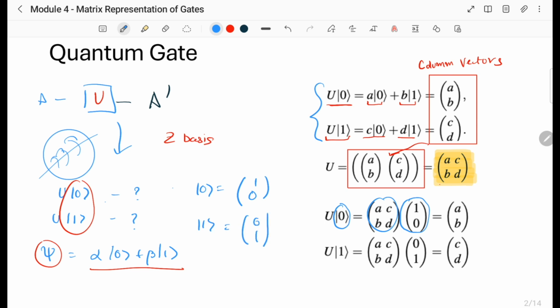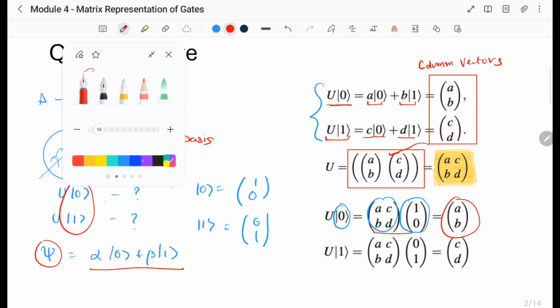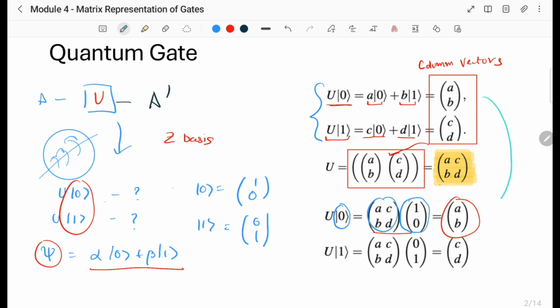This is simple Dirac notation. And so when we multiply these matrices, we obtain A, B, which you see is similar to this. Exactly, we repeat the same procedure with 1, and we obtain the same thing here.